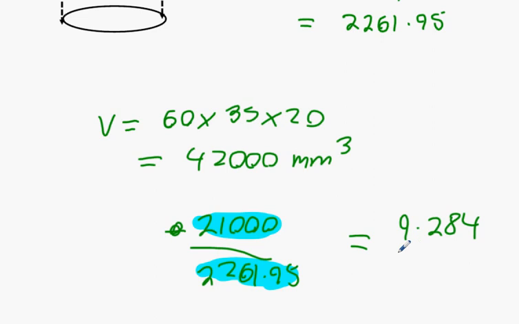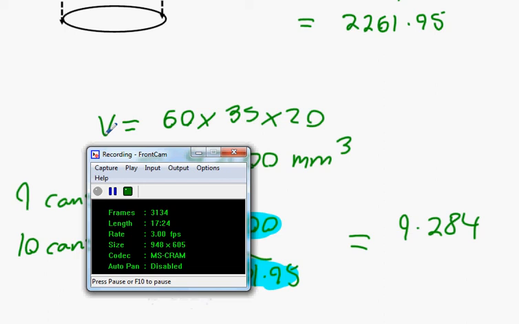Now here's the problem. 9 cutouts won't do it for you, because you'll still be below halfway. So technically 10 full cutouts will get you more than halfway. Does that make sense? Alright, just stop it there.